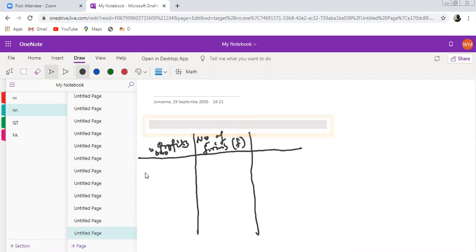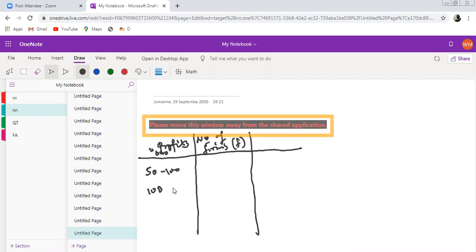So we have maybe 50 to 100, 100 to 150, 150 to 200, 200 to 250.